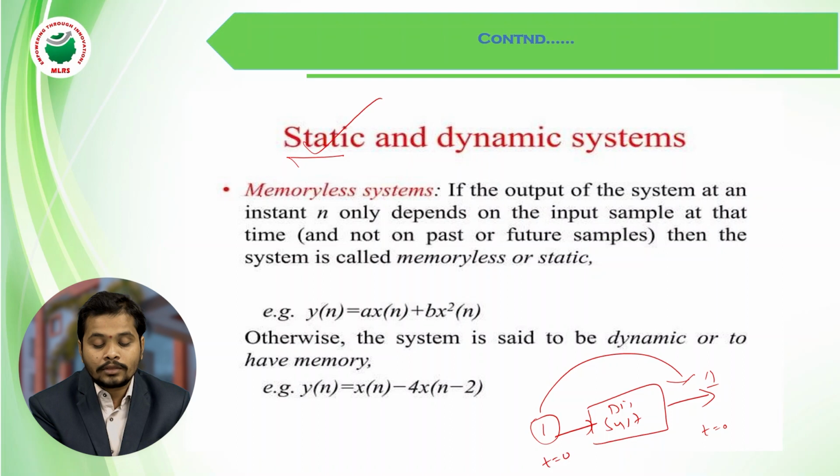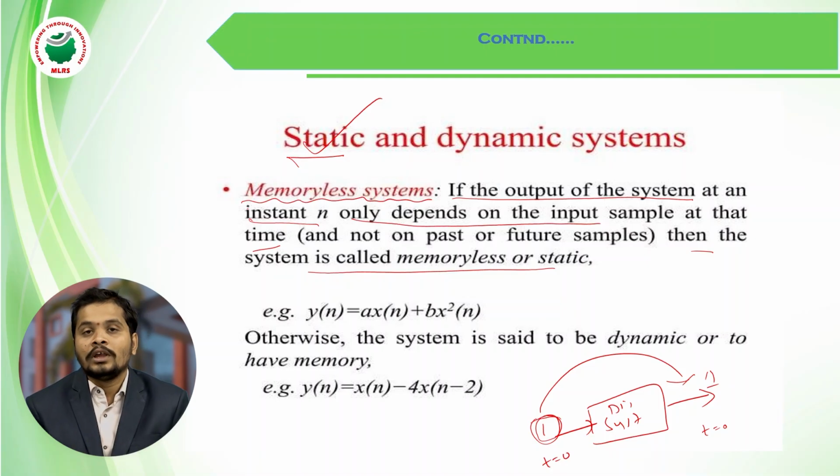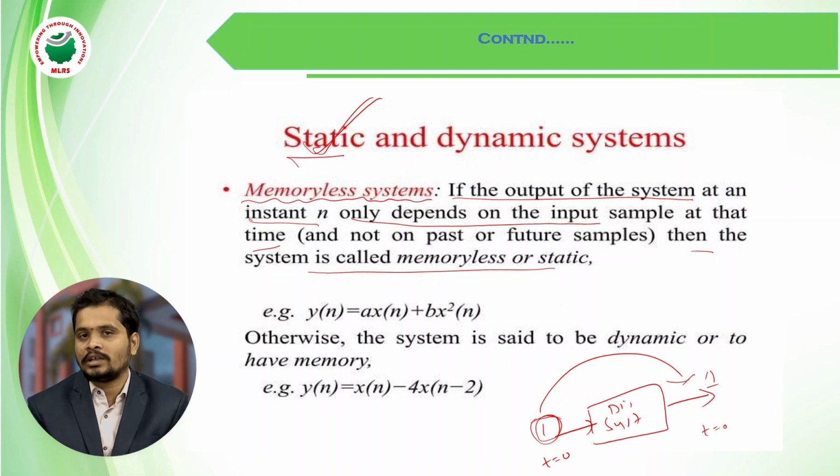The static system is also called a memoryless system. A system is memoryless or static if the output at any instant n depends only on the input sample at that time, not on the past or future inputs.